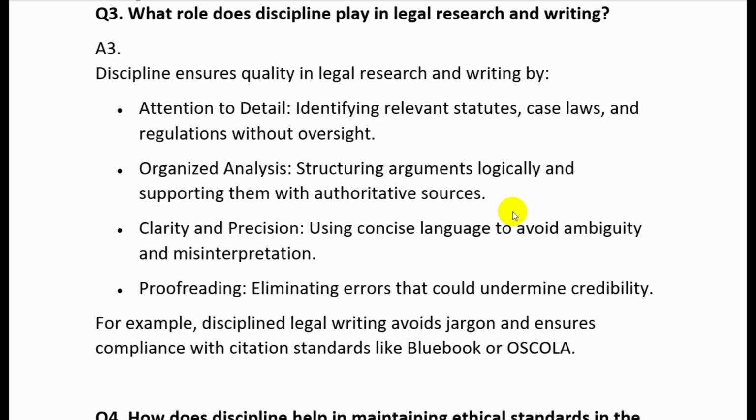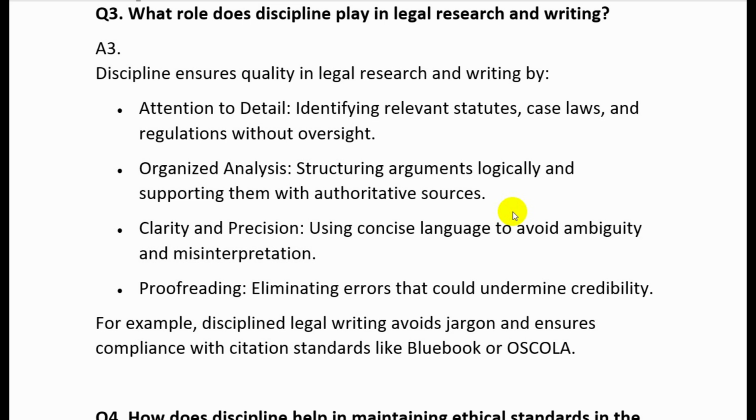Then, to structure arguments logically and support them with authoritative sources. What is most important in this is that the supporting facts and evidence need to be there to support our arguments. Clarity and precision, using concise, clear language to avoid ambiguity and misinterpretation, that is, to avoid confusion.